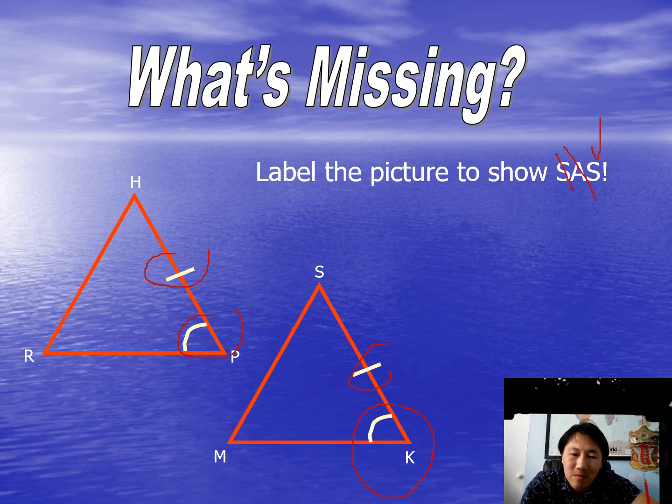We need one more side to be marked. What side are you going to mark to make it side, angle, side? This one with this one. So you can either mark it or you can just say MK needs to be equal to RP.